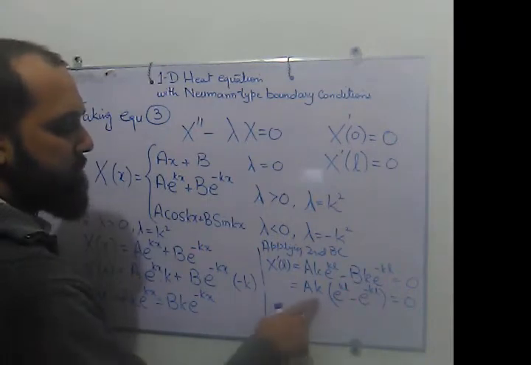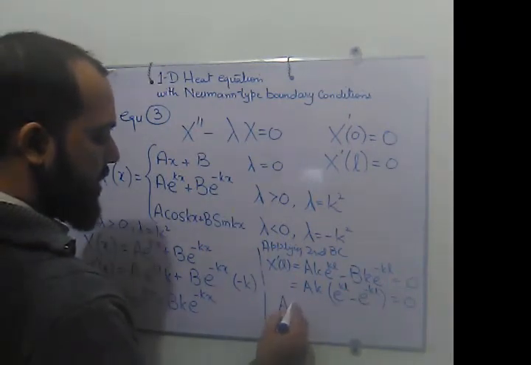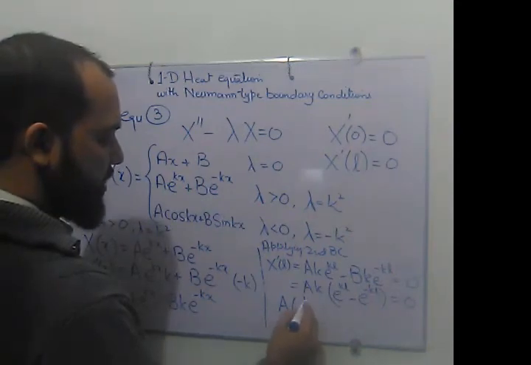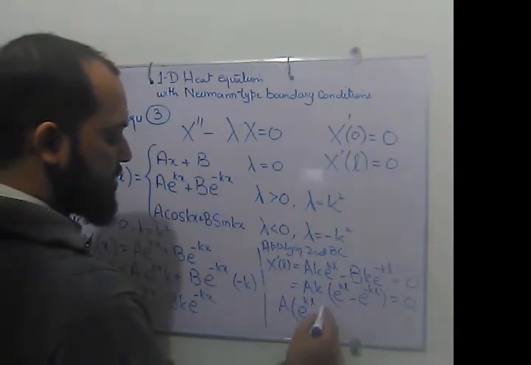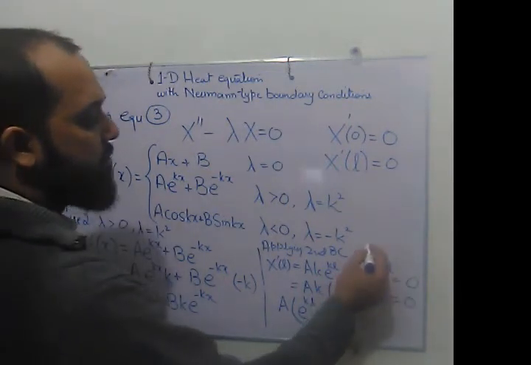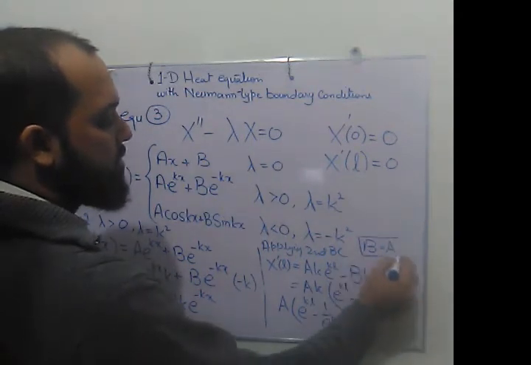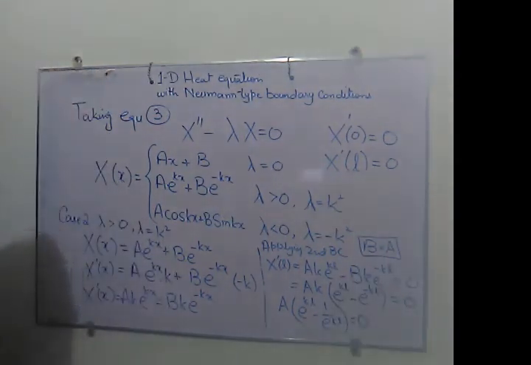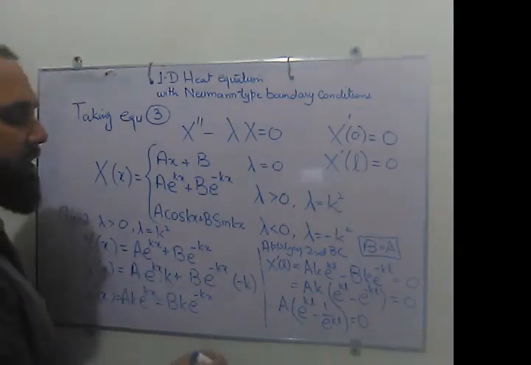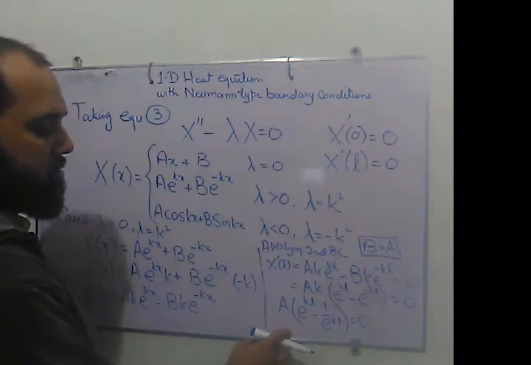We divide both sides by k and we are remaining with a times exponential kL minus 1 upon exponential kL is equal to 0. Remember that we have already found that b is equal to a, so whatever a is, b would be the same. Now here we have a situation that the product of two terms is 0.